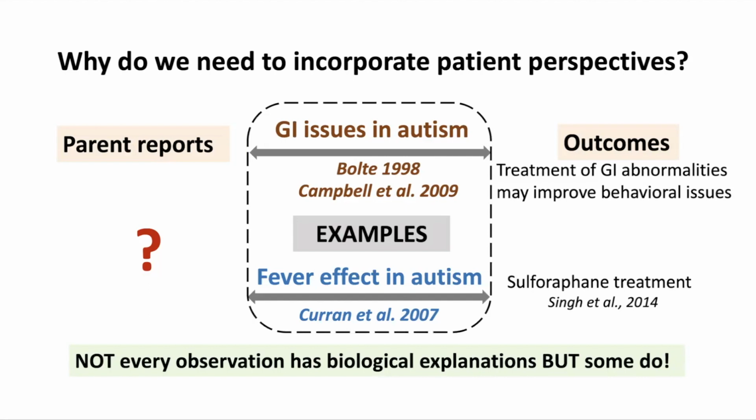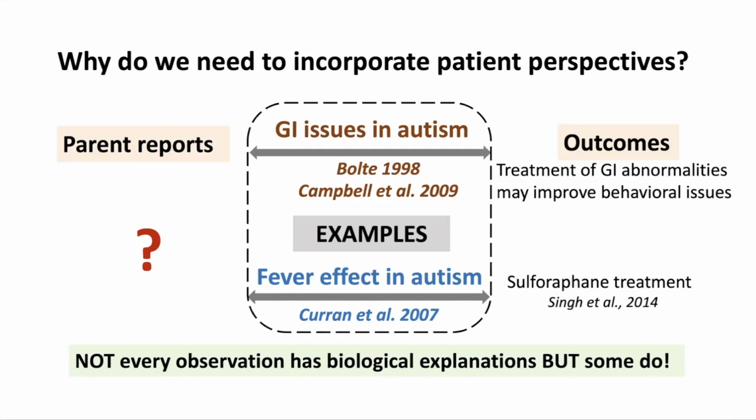Later, the results of a small clinical trial showed that a nutritional compound may improve symptoms of autism, at least in some cases, by mimicking what happens in the body during a fever.